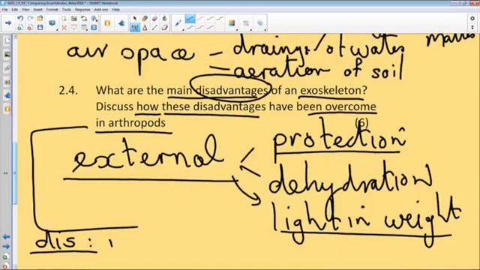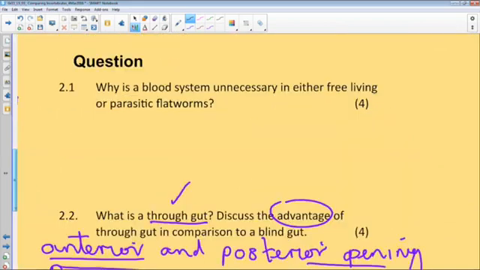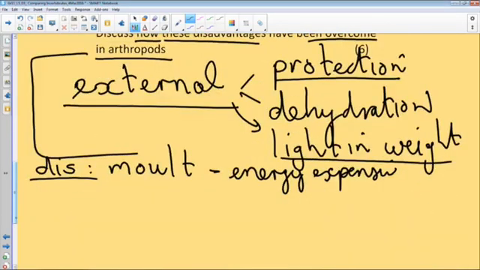These organisms need to molt, and you know that a molt is the process of shedding the outer external covering, and during that process, when the organism has to molt, it is an energy expensive process. So it's expensive from an energy point of view, but it also makes the organism vulnerable.